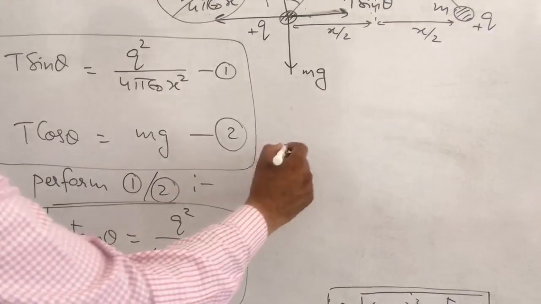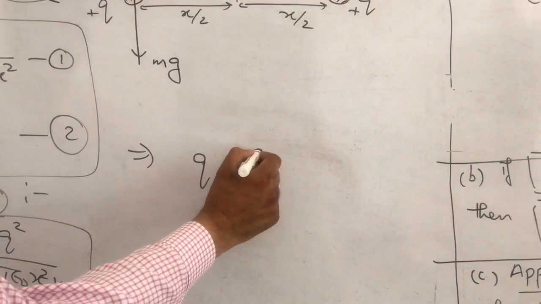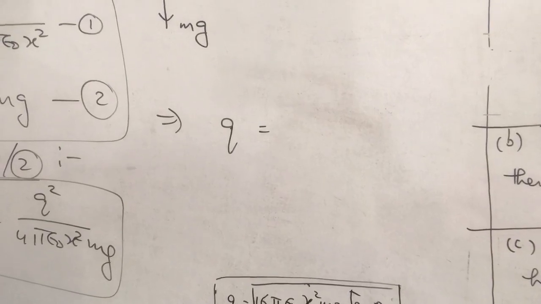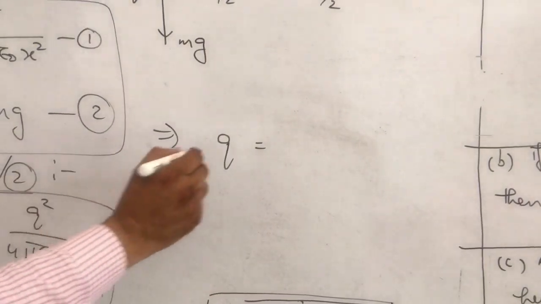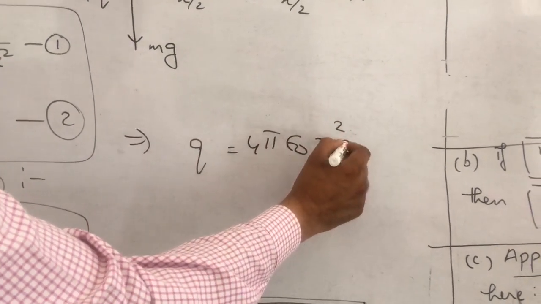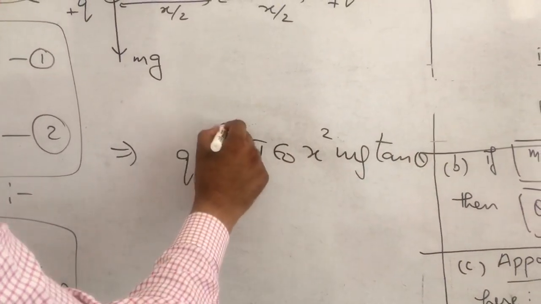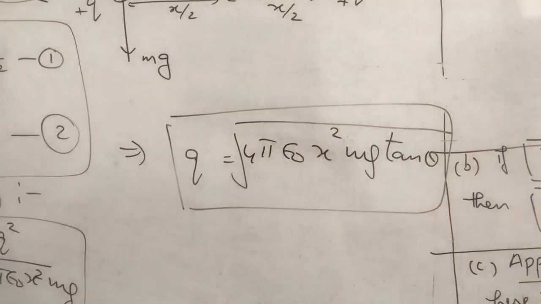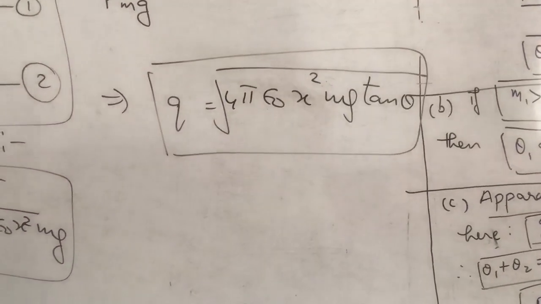So using this, q comes out to be equal to the square root of 4 pi epsilon naught x square mg tan theta. Task was to find charge on each sphere. Charge comes out to be this.